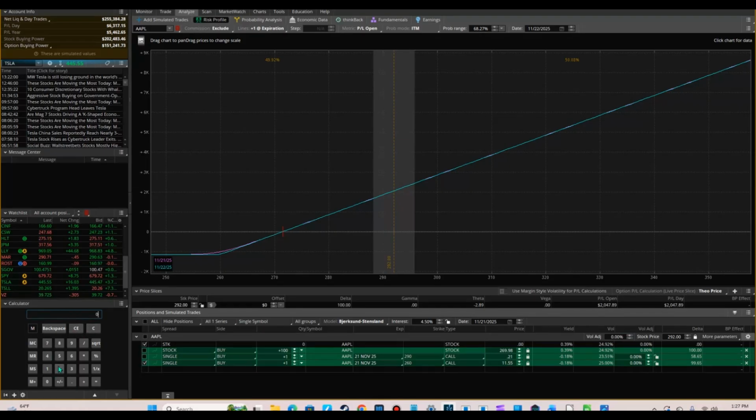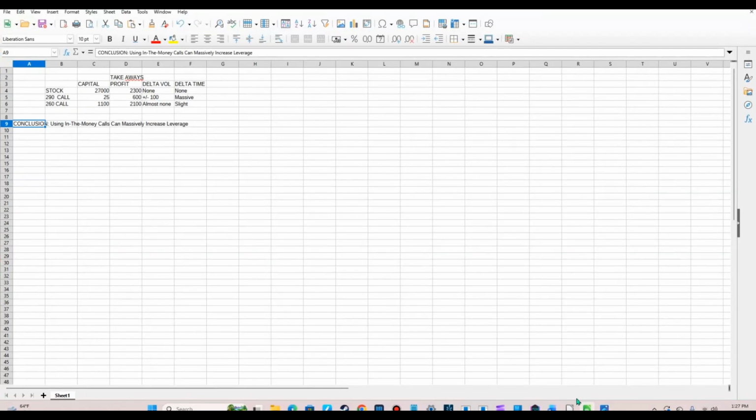If we took 27,000 and divided that by 1,100, or numbers similar to that, the person buying the 100 shares of stock would be paying almost 25 times more than you're paying if you use this in the money call.